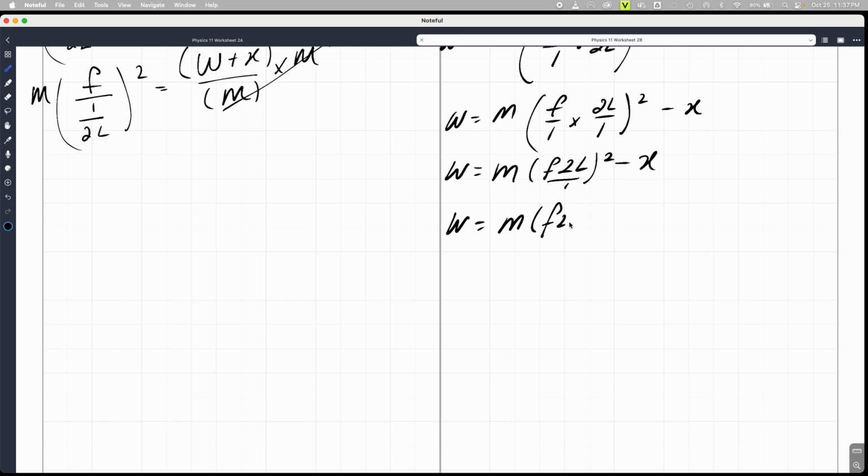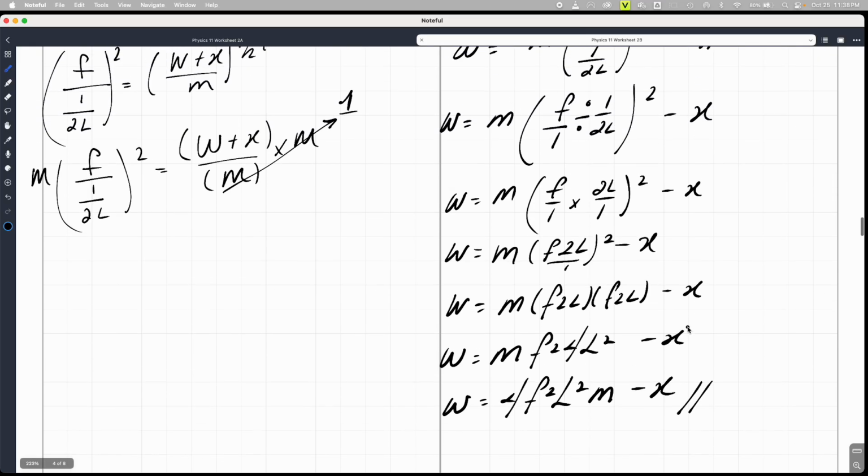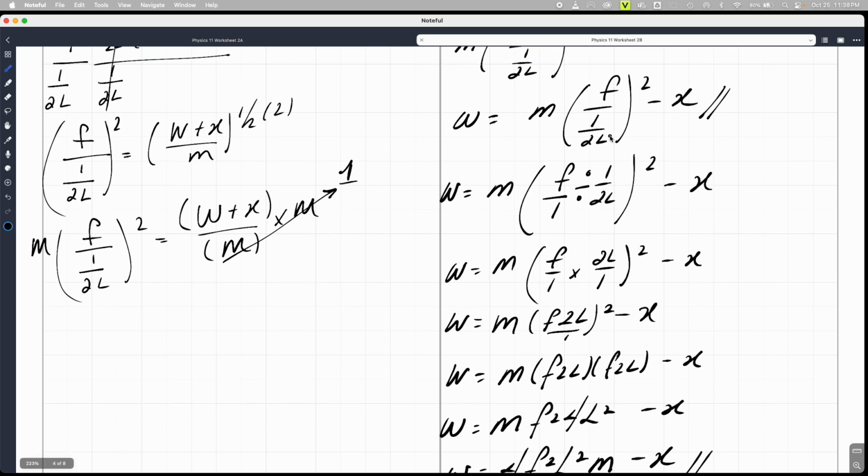So this works out to be F 2L times F 2L minus X. F times F is F squared, 2 times 2 is 4, and L times L is L squared, minus X. W equals, now we're going to write this in the proper order, coefficient at the front, then we go alphabetically: 4 F squared L squared M minus X. So we have this form, this solution, or I'll take this fraction solution as well.